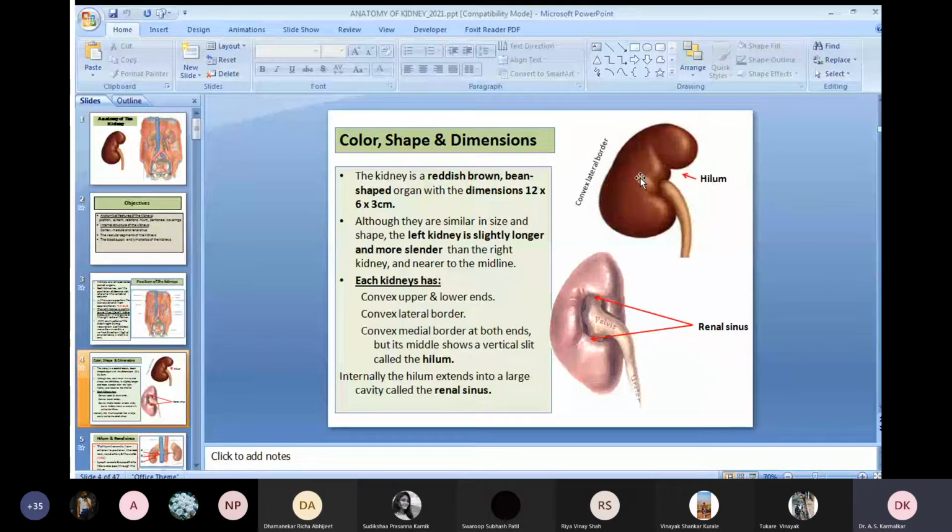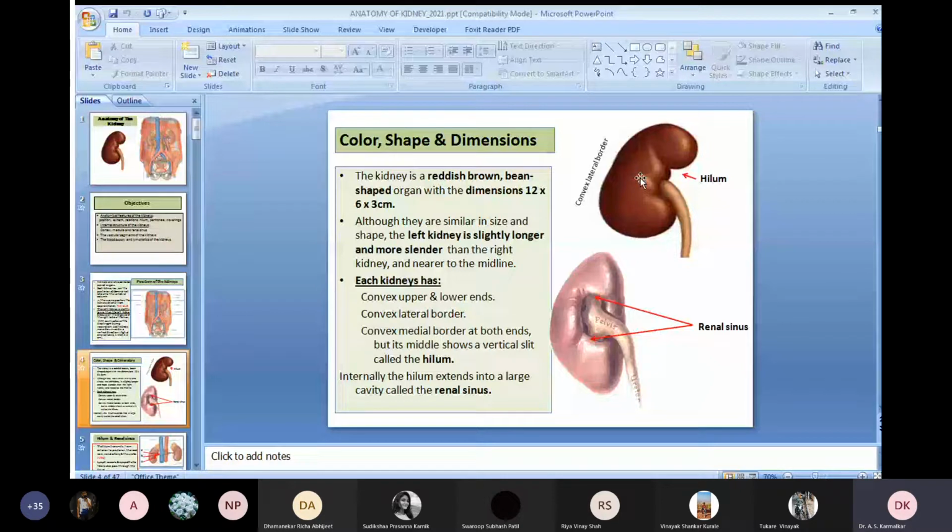So 3, 6, go on doubling the measurements, you will get it: 3 centimeters thick, 6 centimeters width, and height about 12 centimeters. Both kidneys are of normal size, but the shape of the left kidney is quite longer and slender.